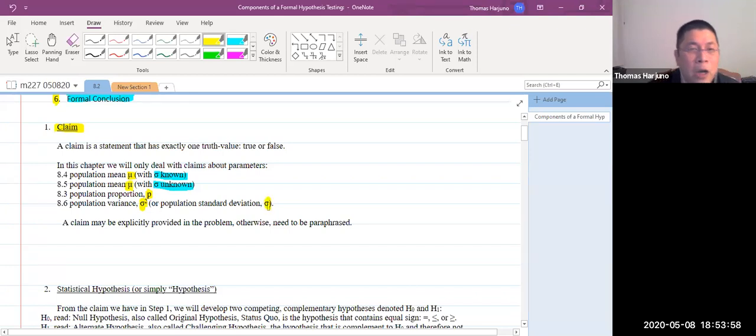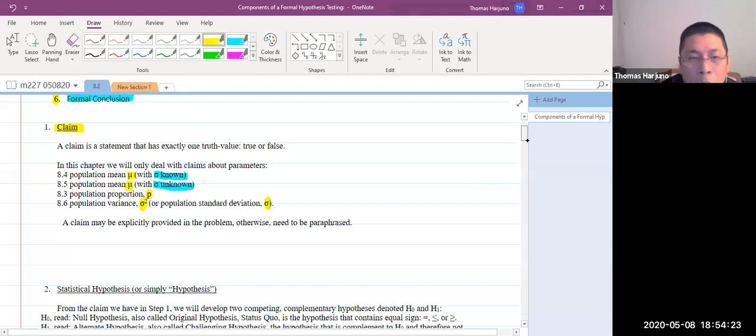Now, a claim may be explicitly provided in the problem, otherwise it needs to be paraphrased. You can see that explicitly in the problem most of the time.